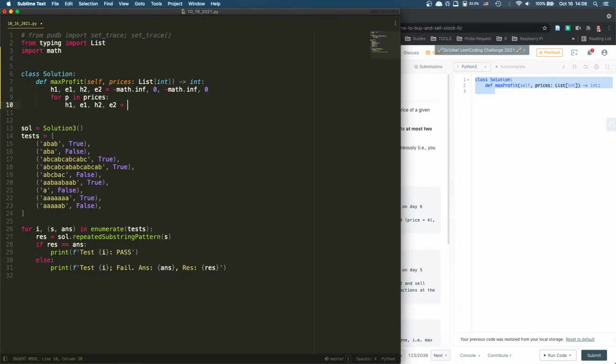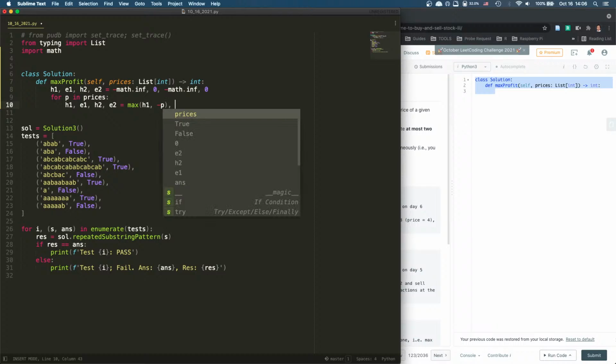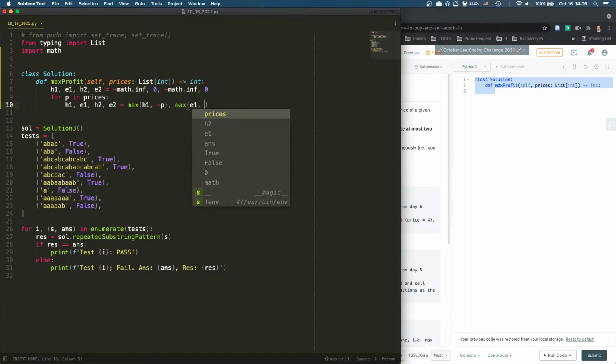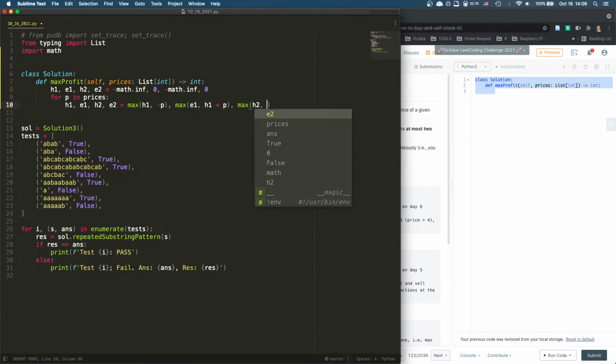H1 is always the maximum of H1, because there's no other option, or minus P. And then E1 can be itself, or from H1 we sell, so it's H1 plus P. And then H2 is no option, or E1 buy, so E1 minus P. And then E2 is H2 plus P.